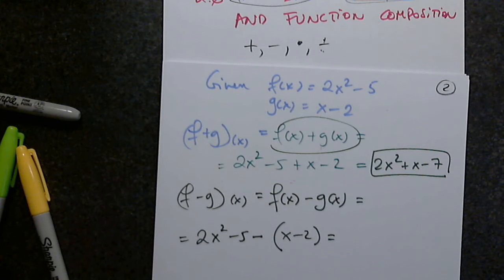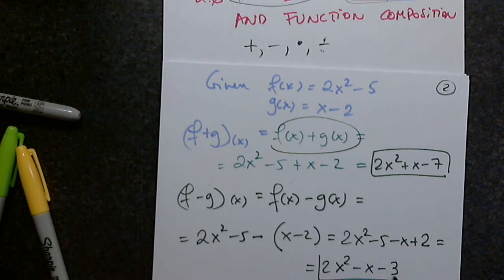It's up to you. But you have to distribute. And this will be 2x squared minus 5 minus x, but plus 2, which changes into 2x squared minus x minus 3. This is a new function that was determined by subtracting the given functions.